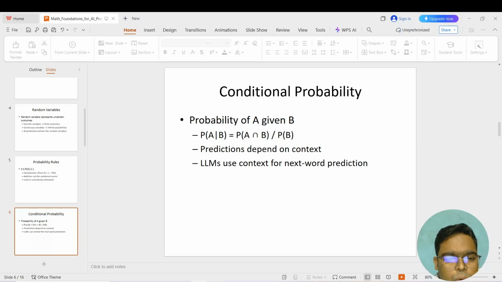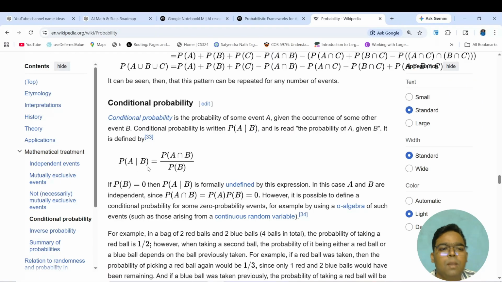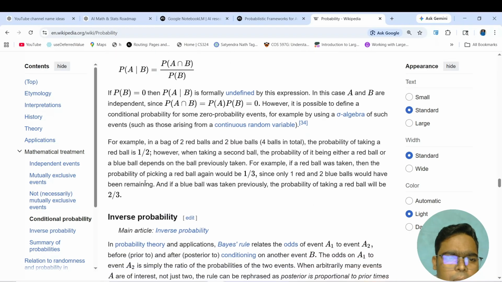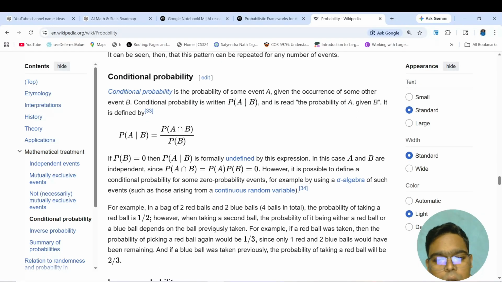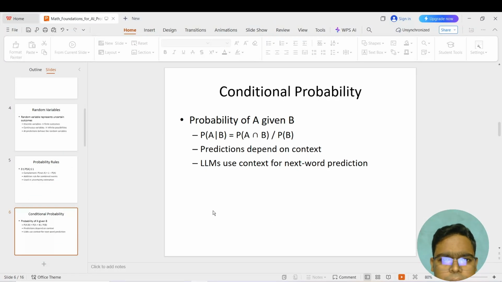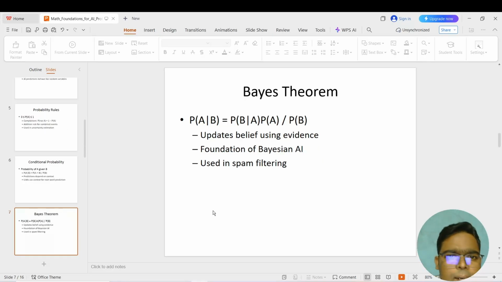So I am saying why this probability is there. The probability of A happening when B has happened is the probability of A intersection B divided by probability of B. If both are independent, then the conditional probability is just probability of A. If probability of B is 0, it is undefined. The LLM takes this very importantly.